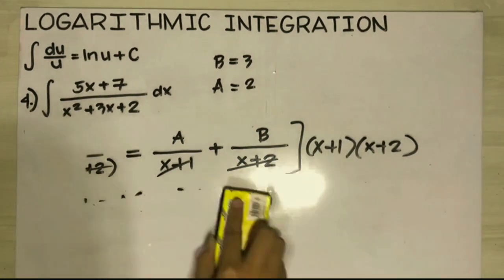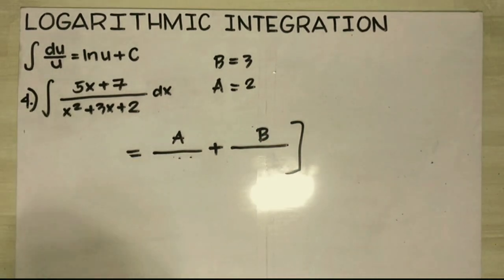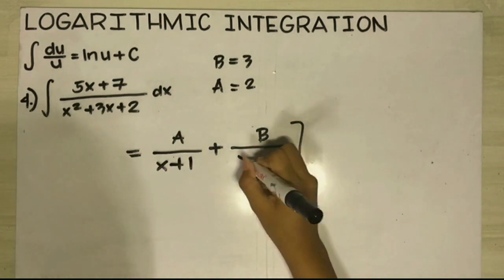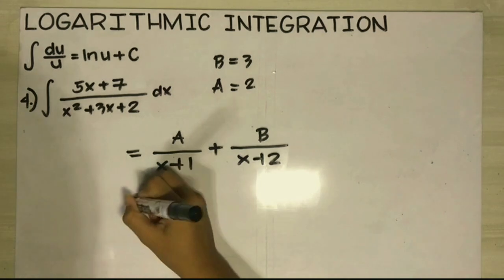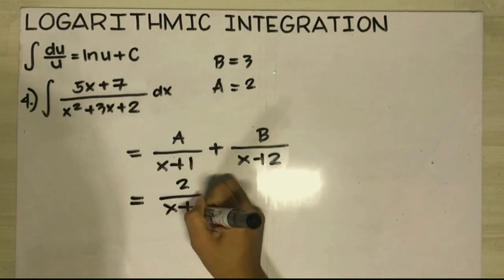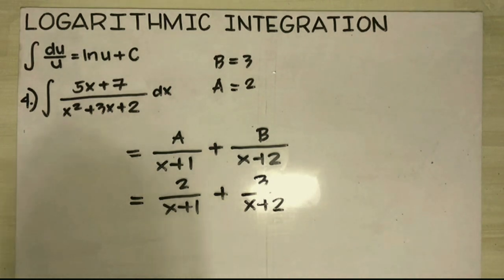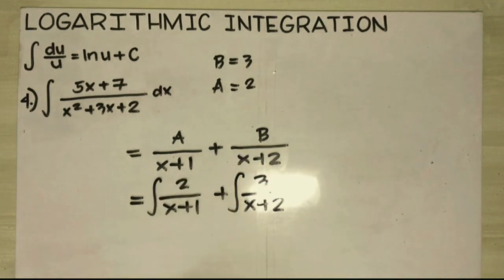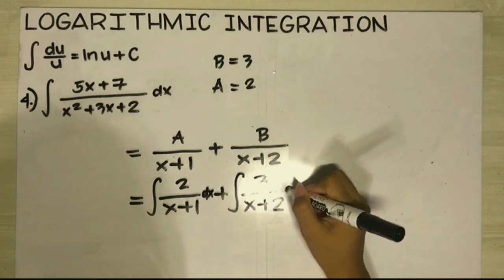So our next step is to put the values that we got. So, let's substitute. 2 all over x plus 1 plus 3 all over x plus 2. And let's put the integral. And then, one by one, let's start with the integral of 2 all over x plus 1 dx.